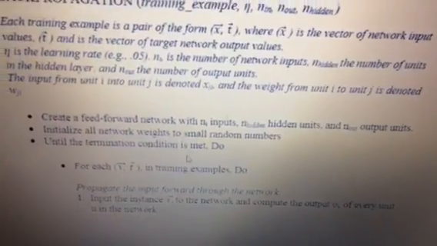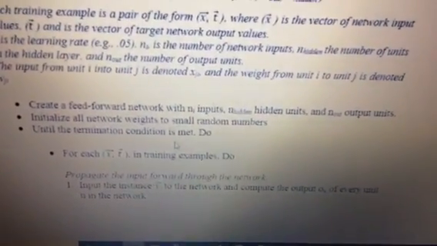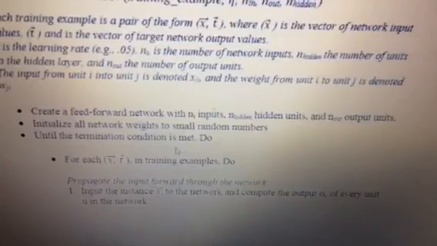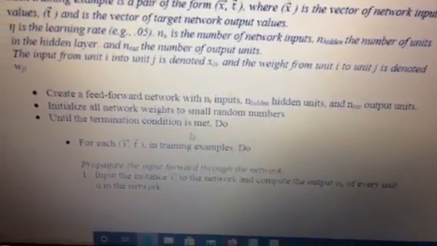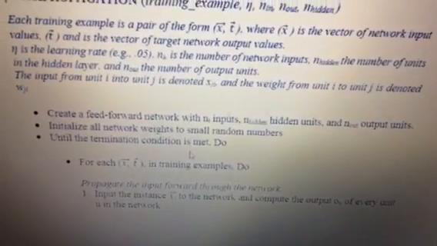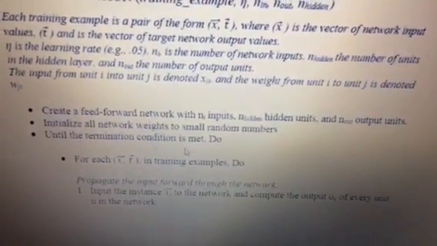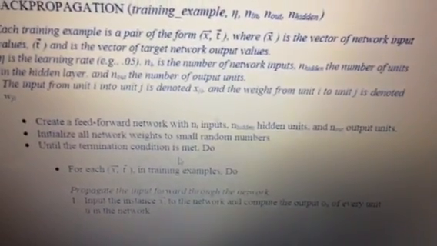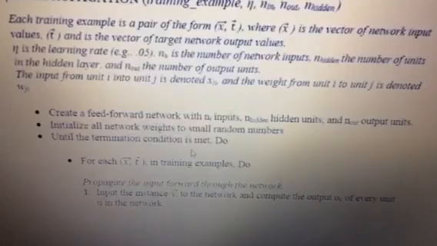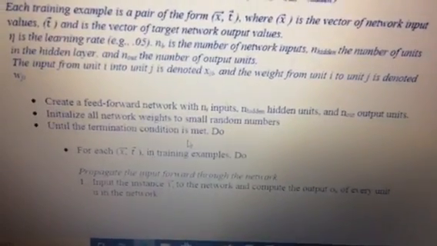That is the feed forward network, where we apply the activation function, the sigmoid function, to get the output. Initialize all network weights to small random numbers, until the termination condition is met.